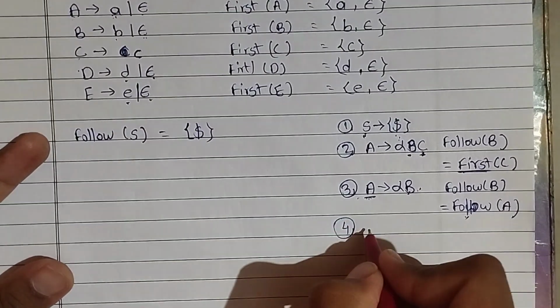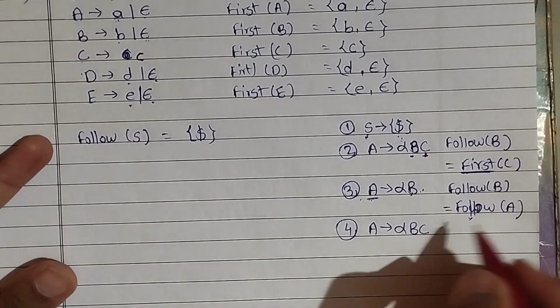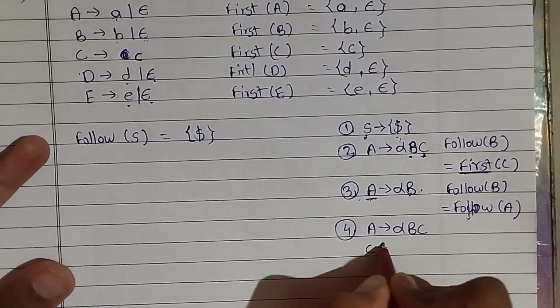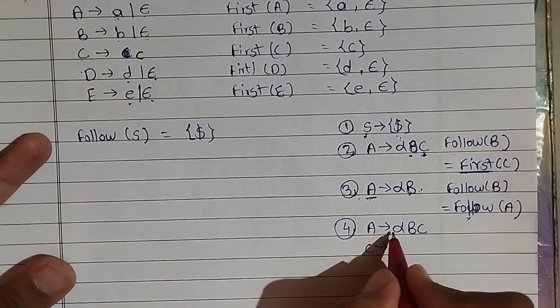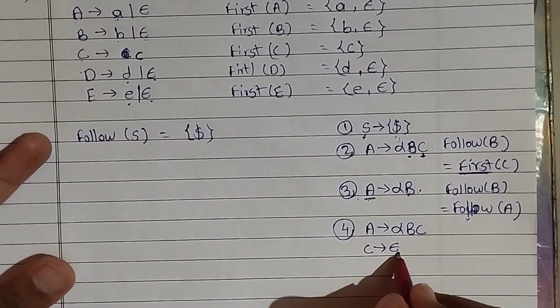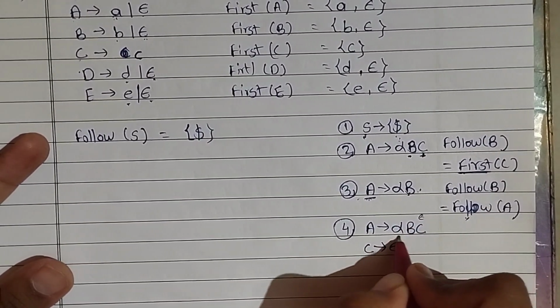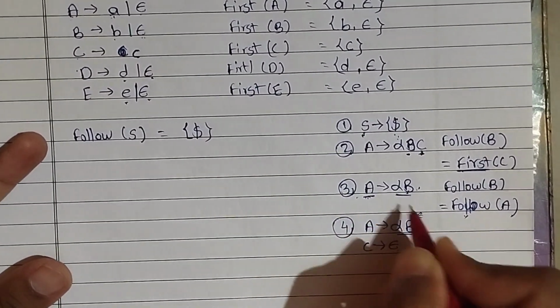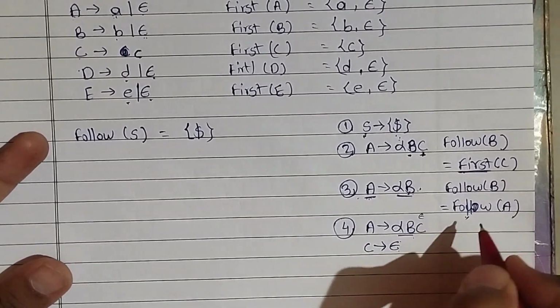Now next, if A reads alpha B C, but the second grammar is C reads null. A reads alpha B C, but C reads null. If we consider null here, then again we get the same grammar, alpha B, because this is null. So the same condition.